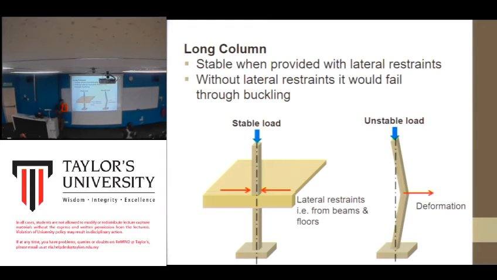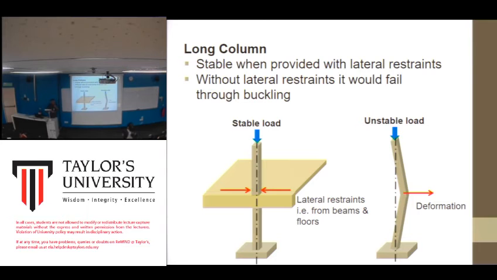But make sure at certain intervals, for example from the ground to here, maybe there's no floor slab connected to this column, but at least you have a beam connecting from one column to the other column, to make it more stable, right?